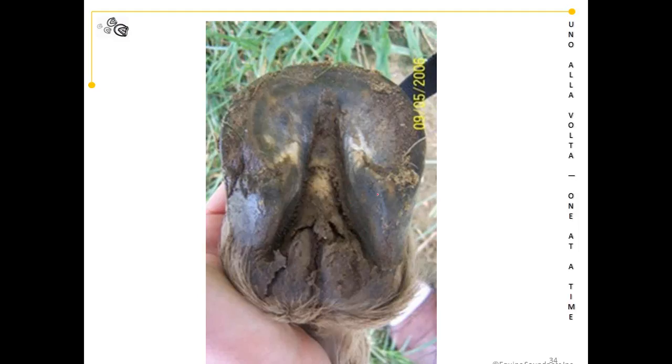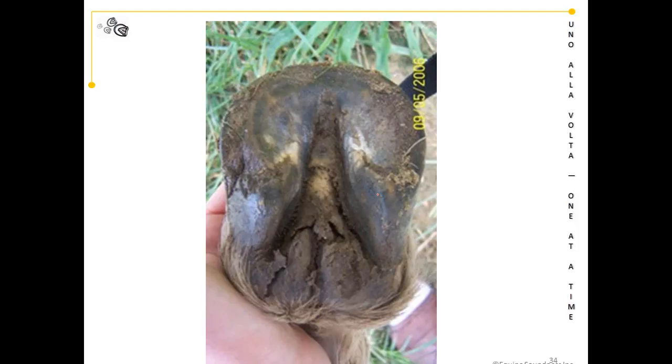And when you don't have sufficient blood supply to the frog, then the bacteria in the onslaught of moisture and what have you that attack the frog on an everyday basis win over the growth of the frog.